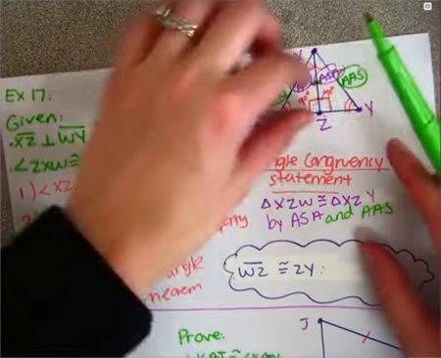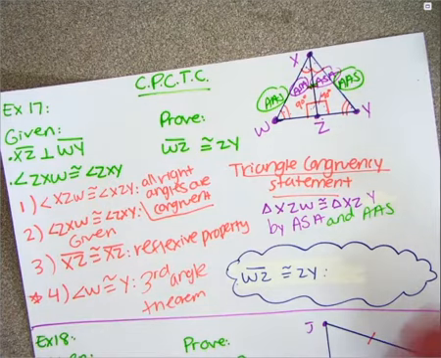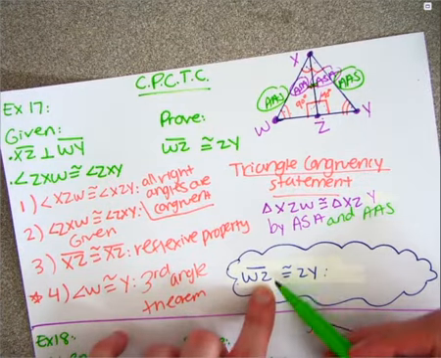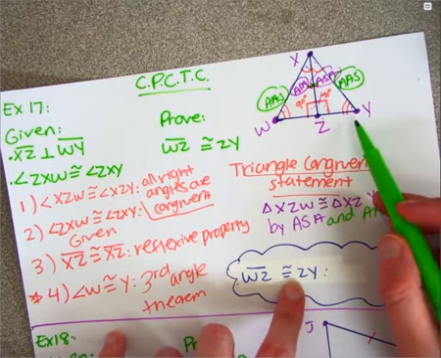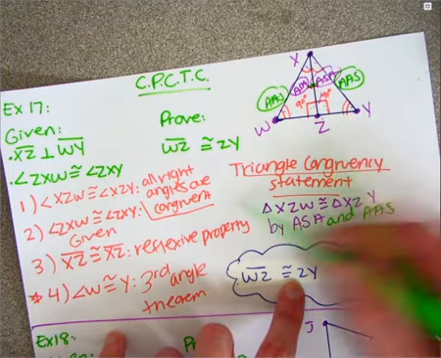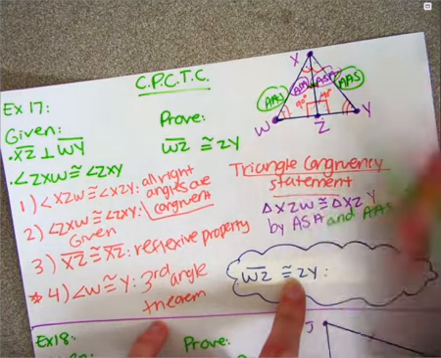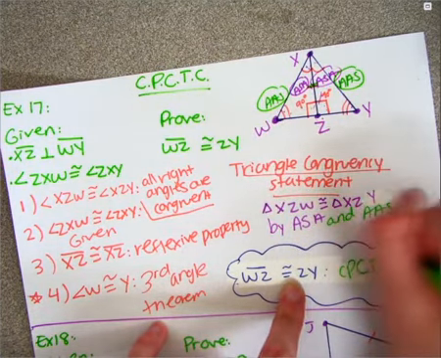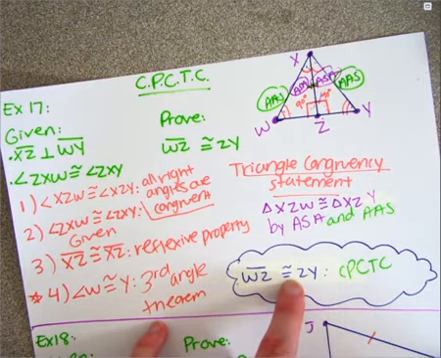Because if these two triangles are congruent, the remaining sides and angles that correspond to each other have to be congruent. Guys, so now I can say that WZ is congruent to ZY because my triangles are congruent. So all three sides and all three angles are congruent. So my reason is now because of CPCTC. Corresponding parts of congruent triangles are congruent.